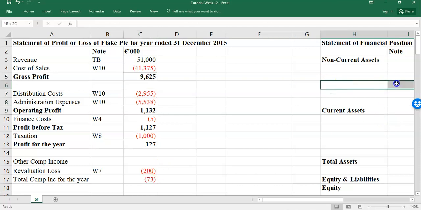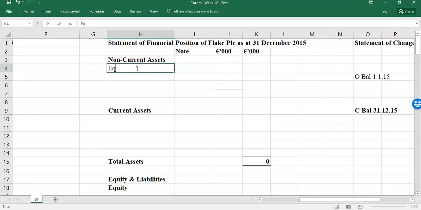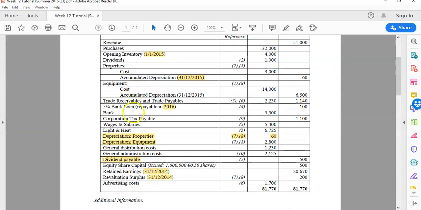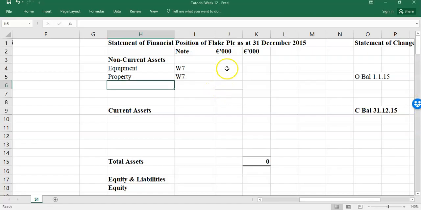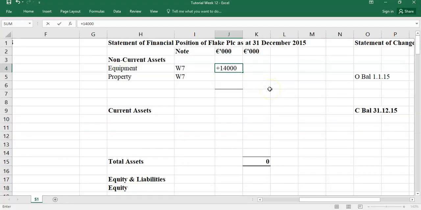So what we're going to do then is go on and look at the non-current assets, the statement of financial position. We have equipment, which is working 7, and we have property, working 7. Just double check in your trial balance whether you have any other non-current assets. Always tick them off as you go along, and it doesn't look like we have any here. So for our equipment, the net book value will be the 14 million minus, be careful now, we said the 6.5, put in brackets, 6.5, that was overstated by 740.